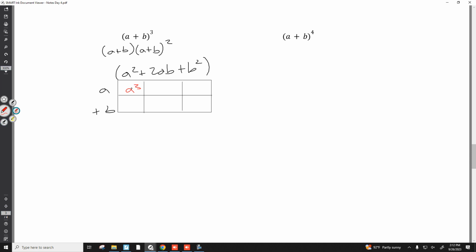What's a times 2ab? 2a squared b. Keep going. Good. Now add them together. Like terms can be added. How many a squared b's do you have? Add them together. How many ab squared do you have? Add those together.